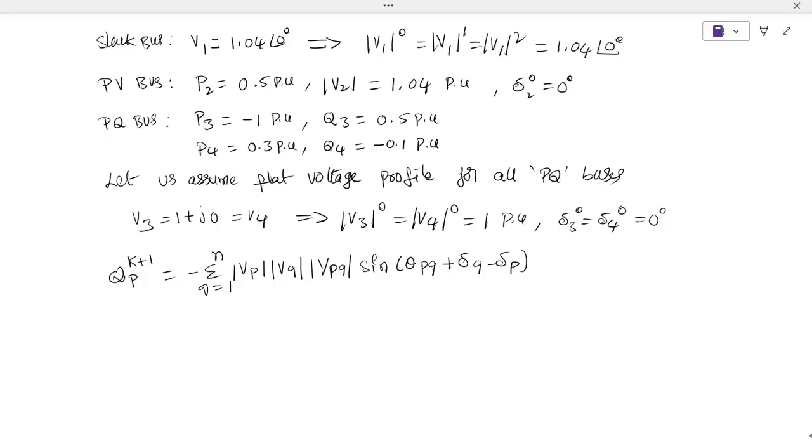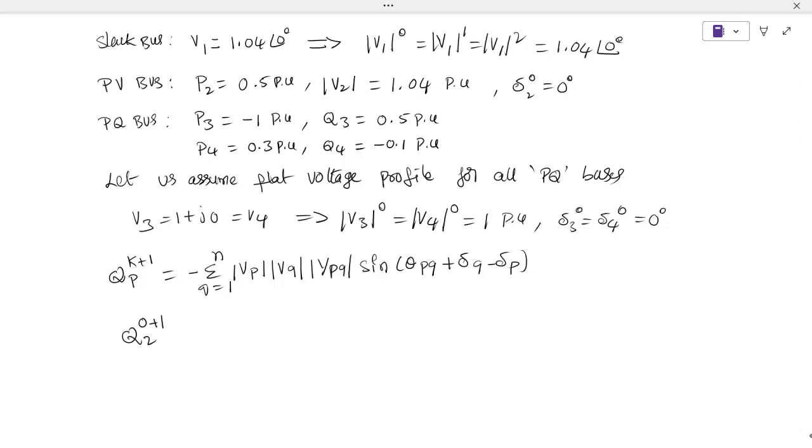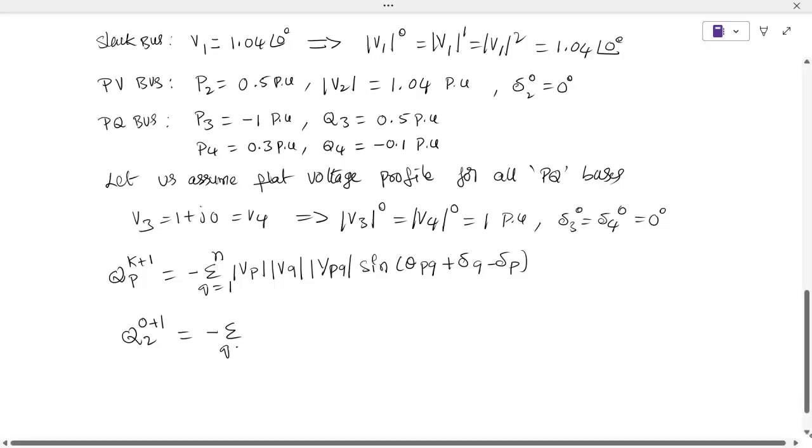Now we'll calculate the Q value for the second bus, that is Q2, where k is equal to 0 plus 1, that is Q2 at the first iteration, Q2 1. Minus sigma q is equal to 1 to the number of buses, 4 in the problem.